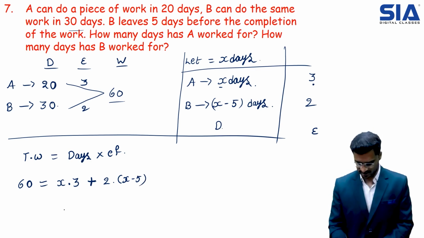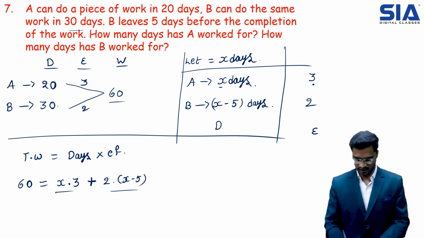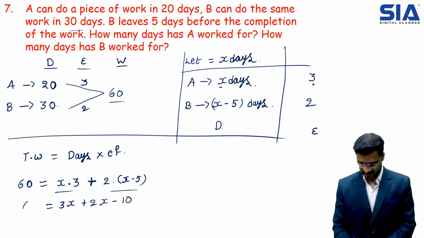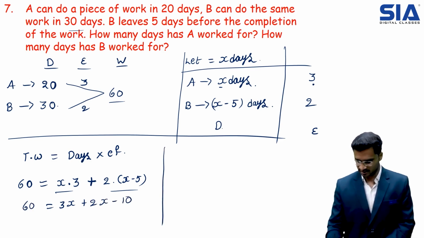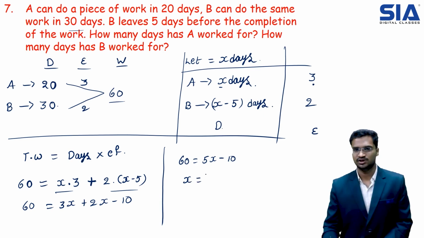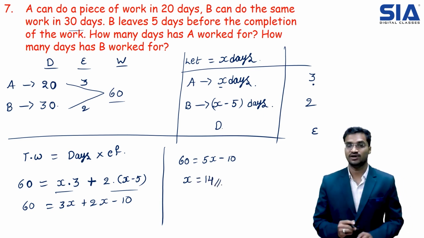Then after adding, this should be equal to 60. So X multiplied by 3 is 3x, plus 2x minus 10, which is 60. Then 60 equals 5x minus 10. Then the x value is equal to 70 by 5. 70 by 5 gives me 14. So x value is 14.